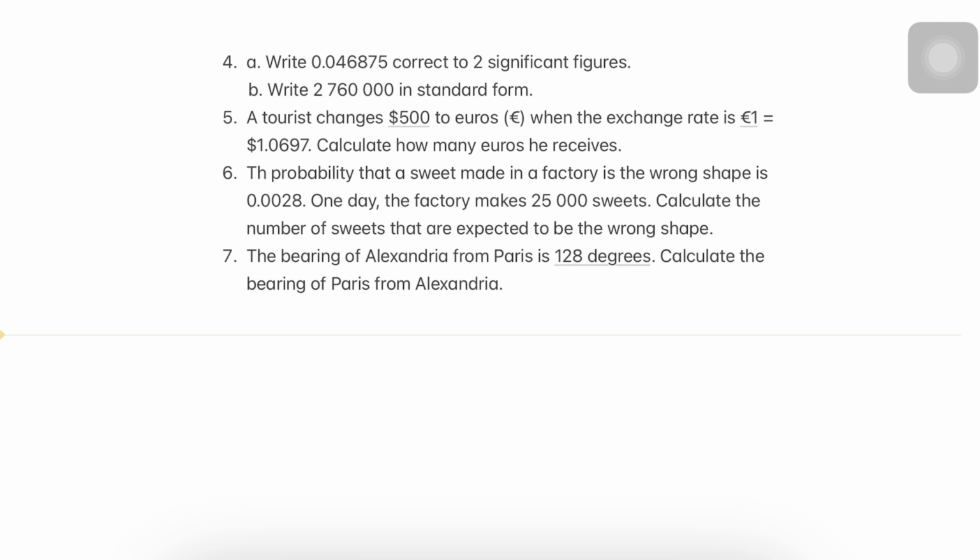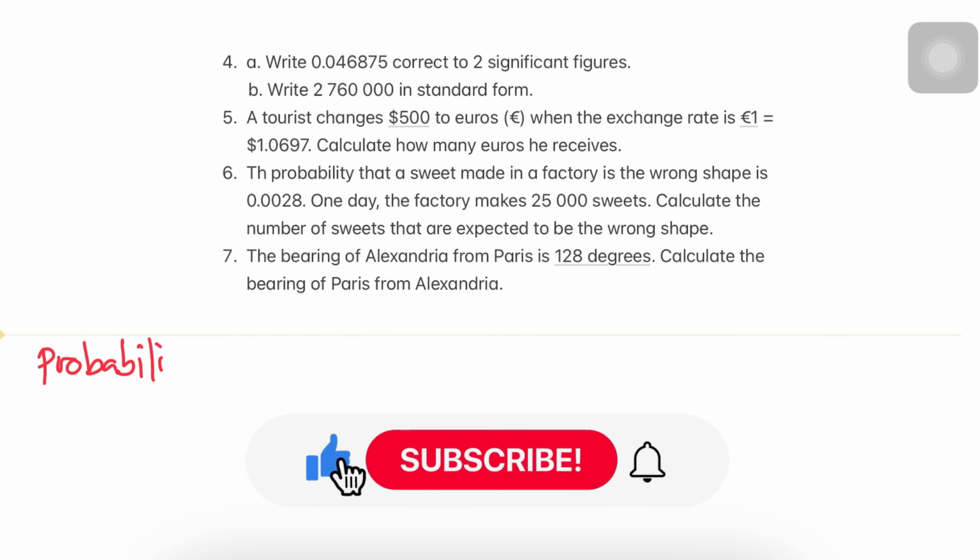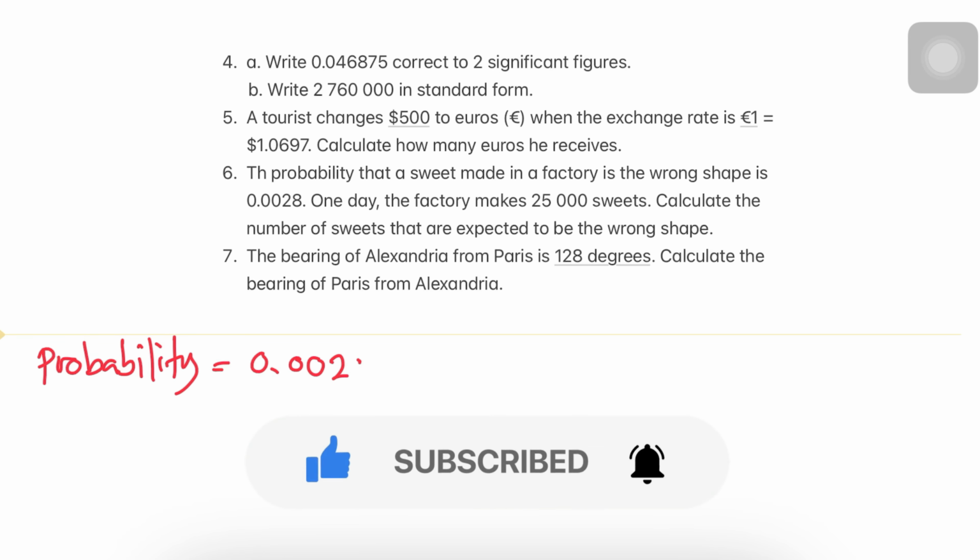Now in number 6, the probability that a sweet made in a factory is the wrong shape is 0.0028. One day, the factory makes 25,000 sweets. Calculate the number of sweets that are expected to be the wrong shape. So we take note the probability is 0.0028, right?